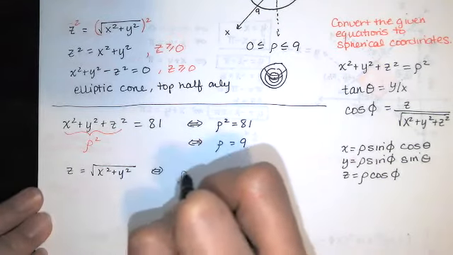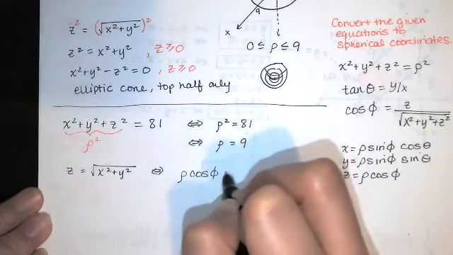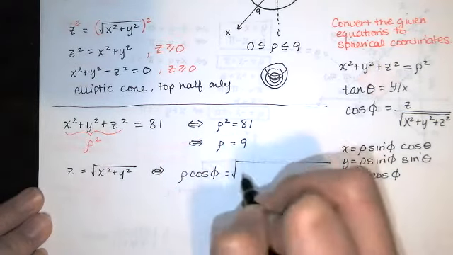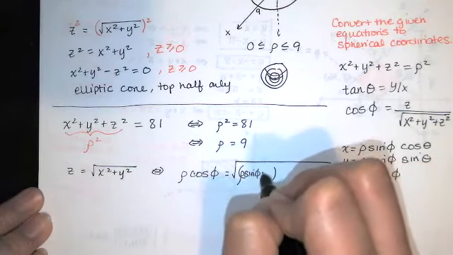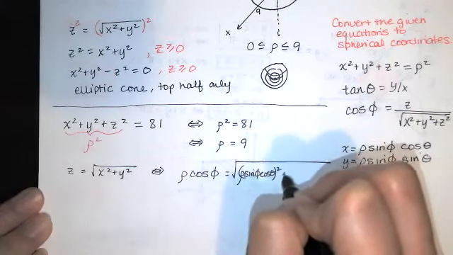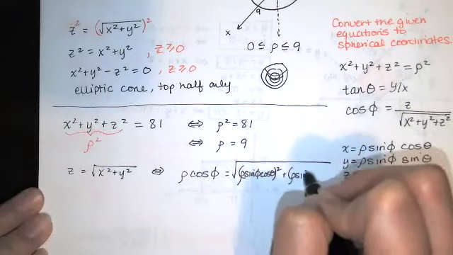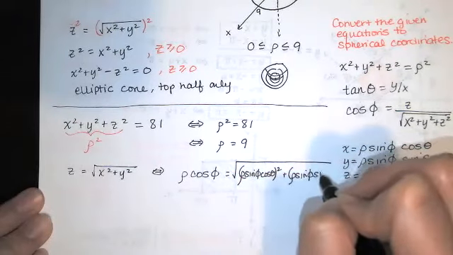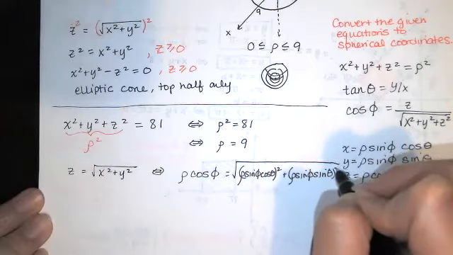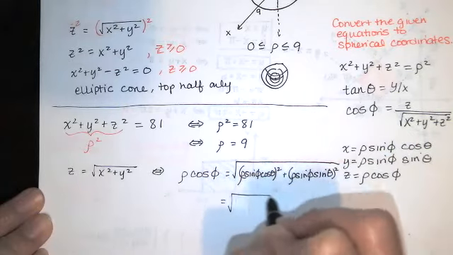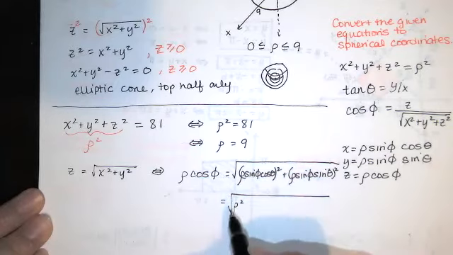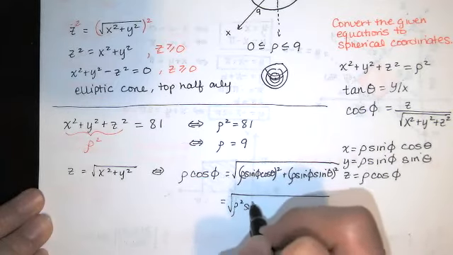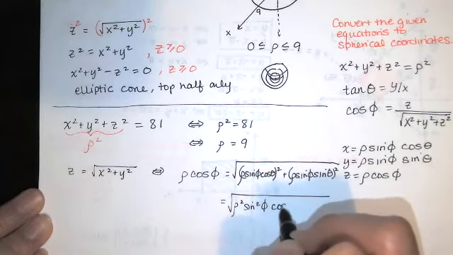Replace z with rho cosine of phi. Replace x with rho sine of phi cosine of theta, and y with rho sine of phi sine of theta. We're squaring those. Now you square each factor separately, so we get rho squared sine squared phi cosine squared theta.